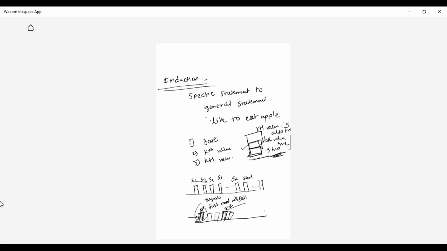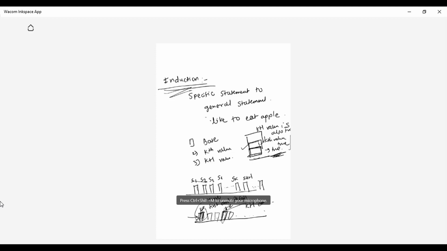The next, k plus 1 card, will fall. That we need to show. If the first card is going to fall, and if the kth card is going to fall, then the next card is going to fall. The rest of the cards are going to fall. So that we need to prove under this mathematical induction.